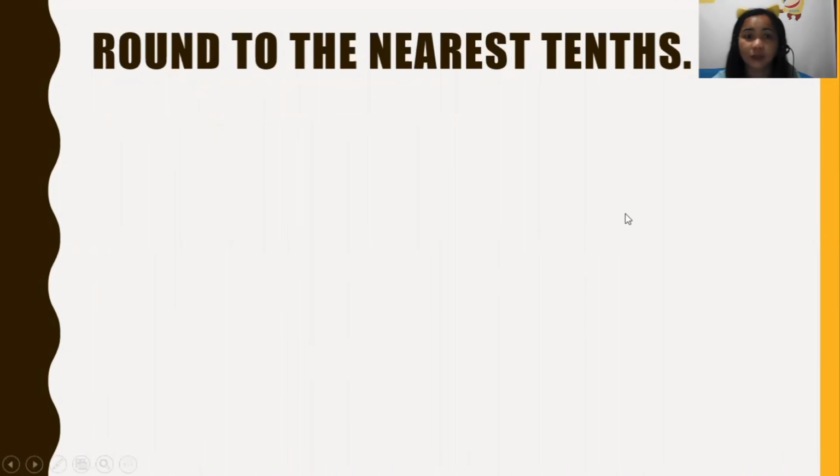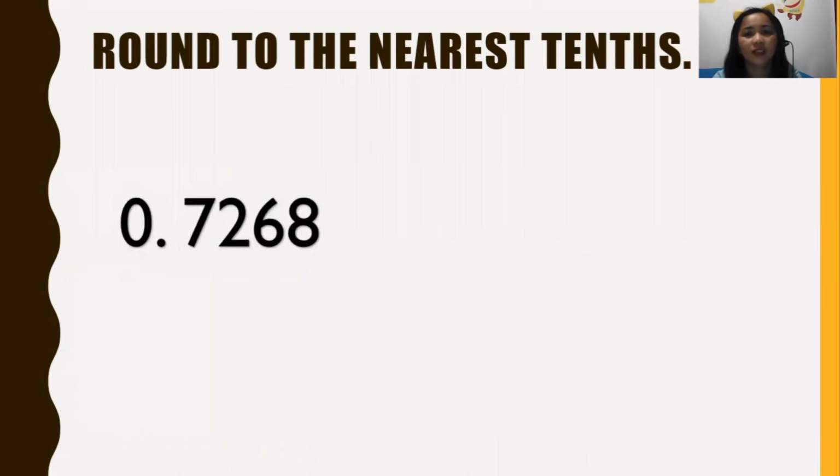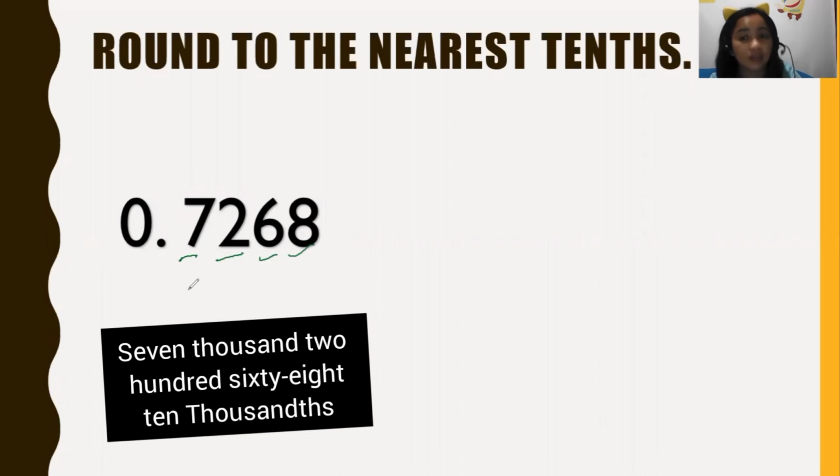Let's practice rounding to the nearest tenths. So we have here the given. The given is 7,268 10,000ths. So kapag yung decimal numbers ay 4 digit, that is 10,000ths.